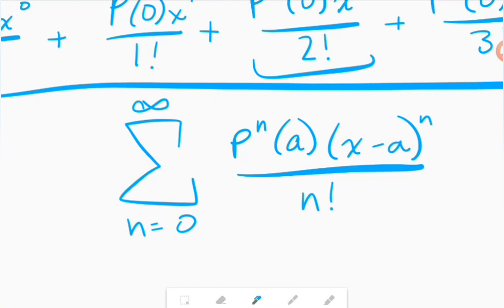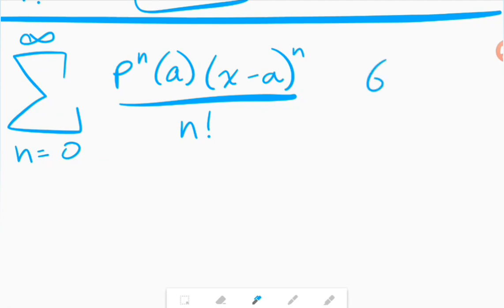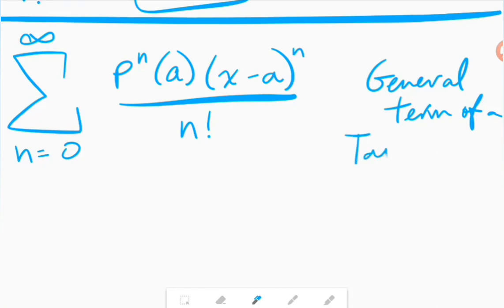So this is the general term of a Taylor series.